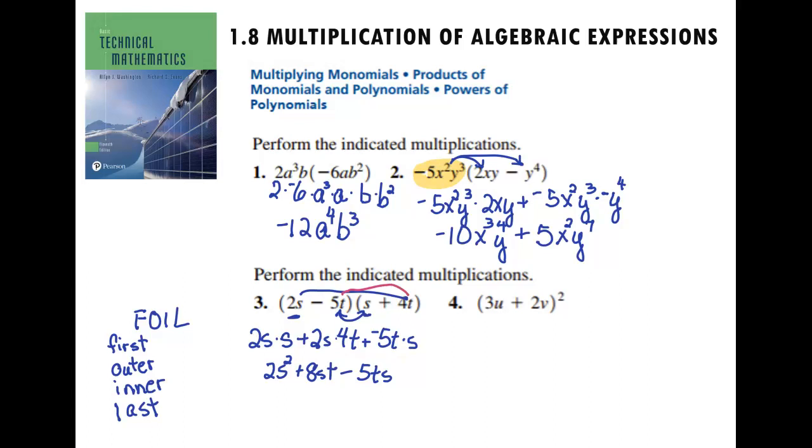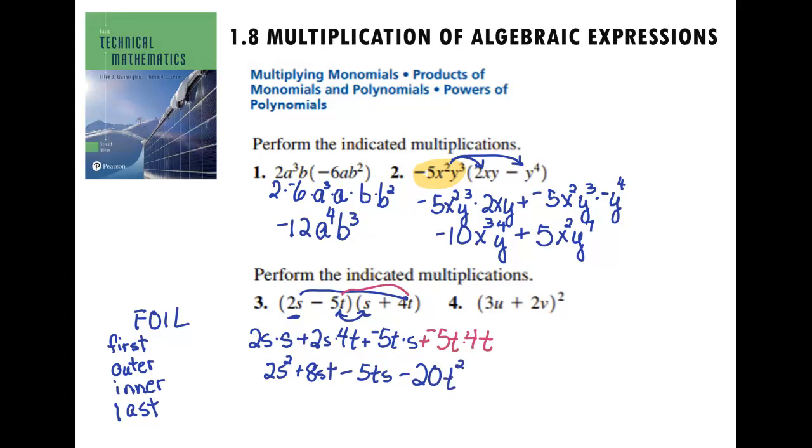Okay, so we'll multiply those together. Negative 5t times a positive 4t. And then that is going to be a negative 20t squared.